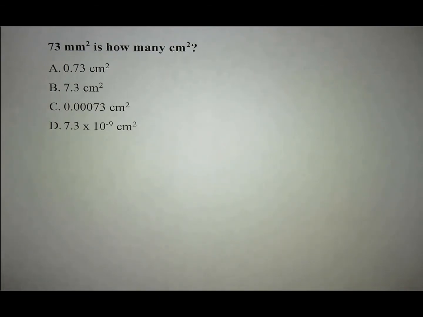To solve this problem, probably the easiest way to set it up is to pretend there aren't any squares in it at first. So if I were going to go from millimeters to centimeters, I would go from millimeters to my base unit of meters, and then from meters to my base unit of centimeters.